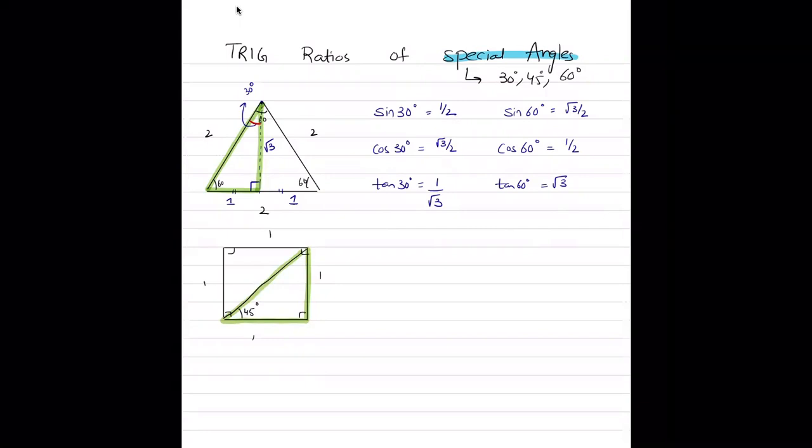So, to repeat: in order to find the trig ratio for 45 degree, I'm going to draw a square and then divide the square along the diagonal. You're going to get a right angle triangle with this side 1 and this side 1. How can you find the length of the diagonal, which is the hypotenuse?